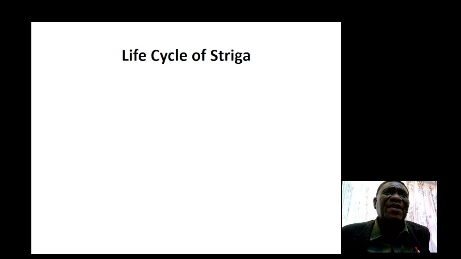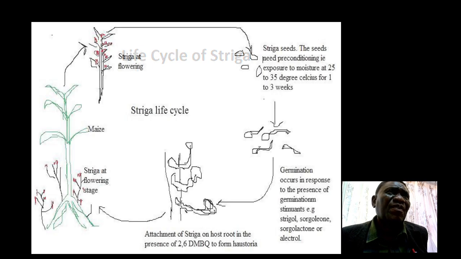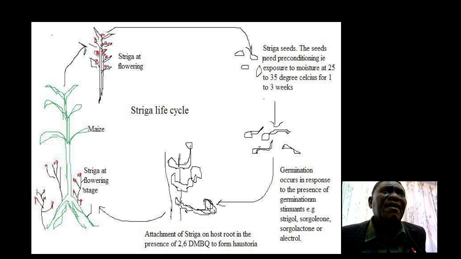Let us look at the life cycle of the parasitic weed. We should start with the seeds. Now, for the seeds to germinate, they need what is known as preconditioning. That is exposure to moisture at 25 to 35 degrees Celsius for 1 up to 3 weeks.